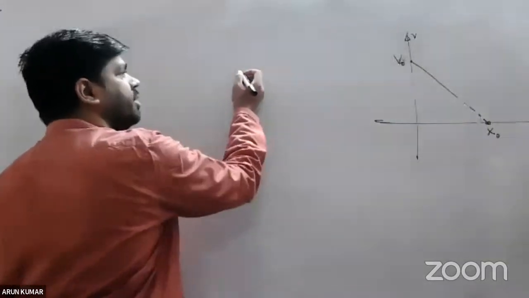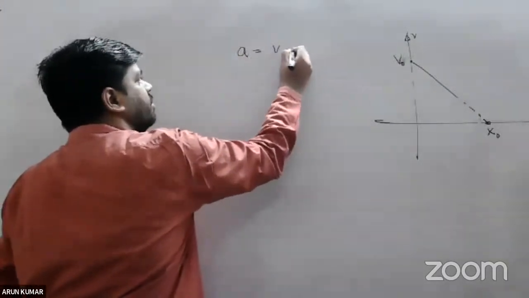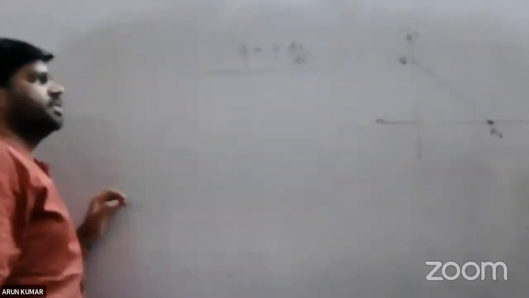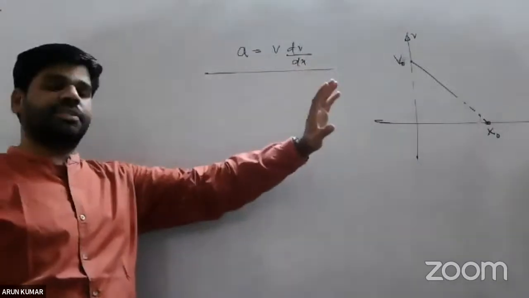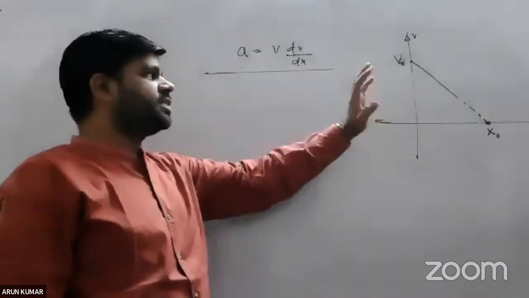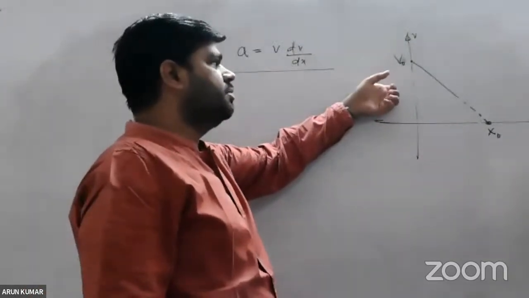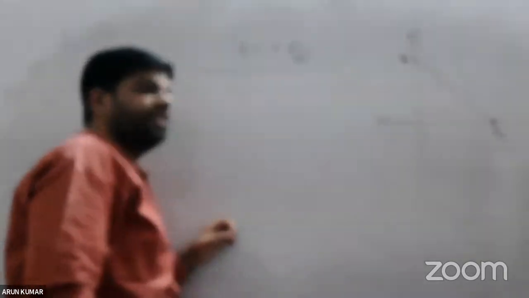I use a is equal to v dv by dx, because v is given as a function of x here. I first get v as a function of x. I need to get the equation of the line. How do I get the equation of the line? Slope intercept form.